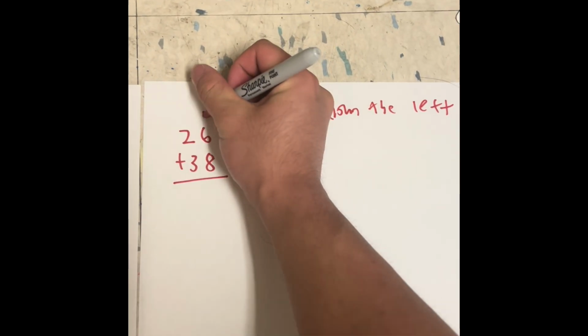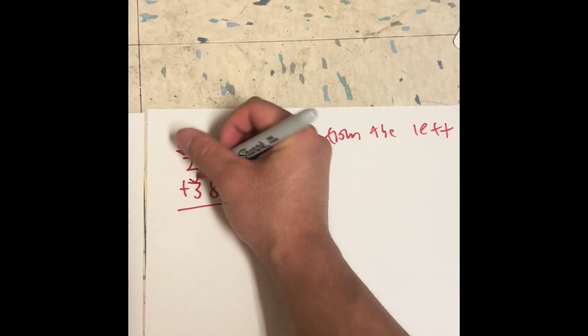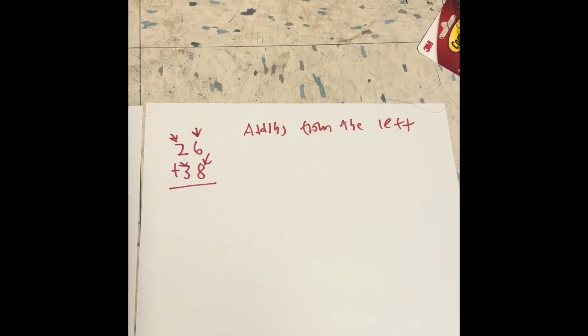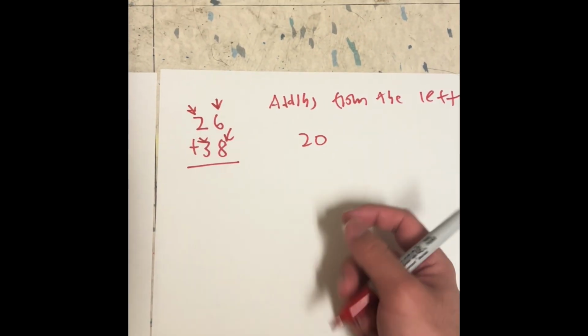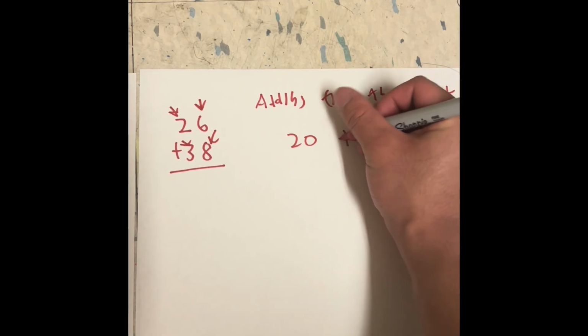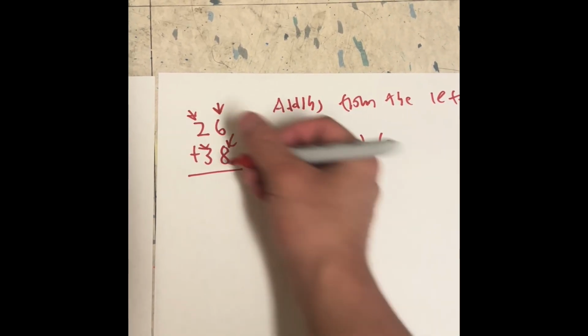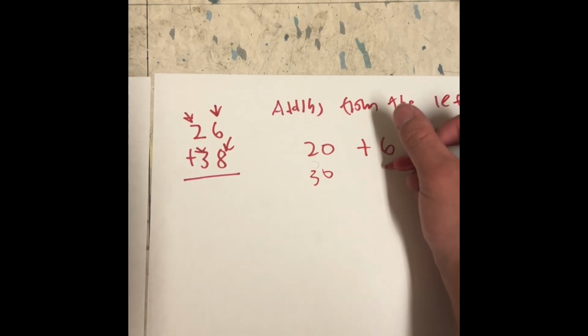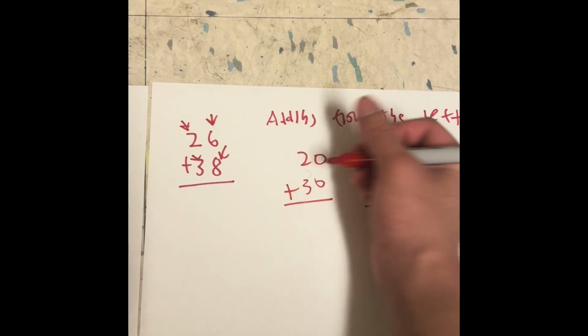We have a 6 and an 8, and a 2 and a 3. So what we can do is say 20, because of the 2 in the 10s place, plus 6, and then 30, because of the 3 in the 10s place, plus 8. So now we have 2 separate addition problems.